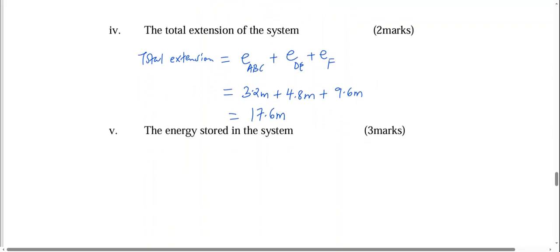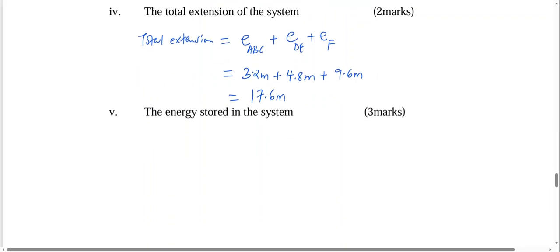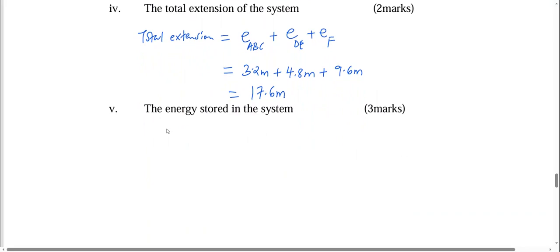Then the next question is the energy stored in the system. For you to get the energy stored, E, we have got 2 formulas here. We'll use a half Fe, which will result to the total energy.